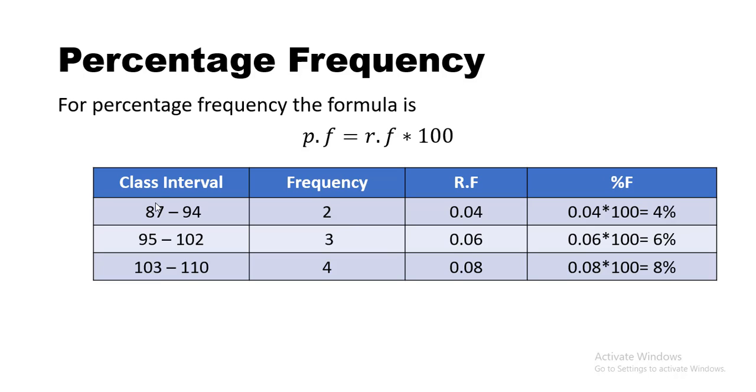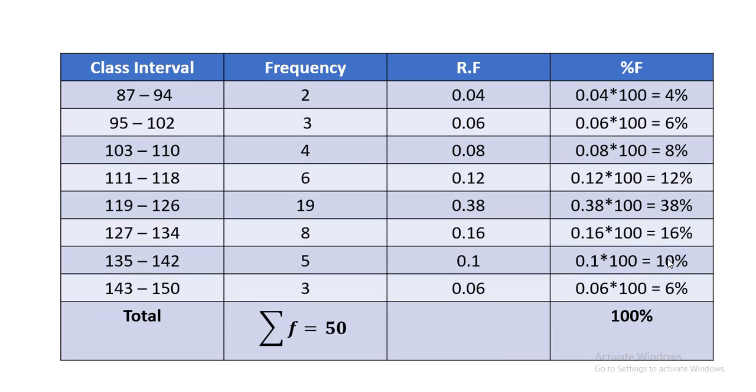For the interval 87 to 94, the frequency was given as 2. In order to find its relative frequency, we divide the frequency by the total frequency. This is my answer. In order to get the percentage frequency, you multiply the relative frequency by 100, so that you get all the percentage values like this.